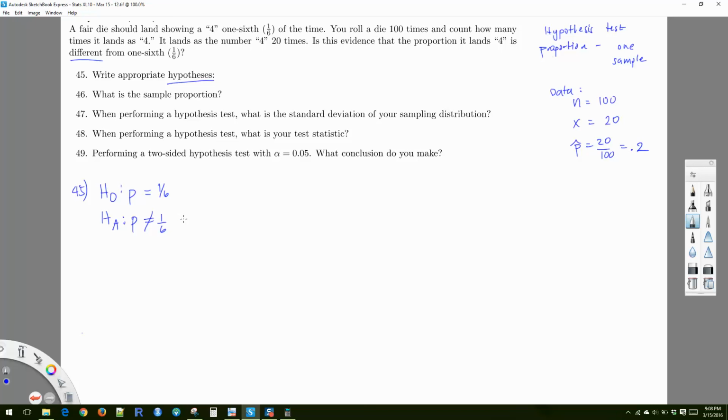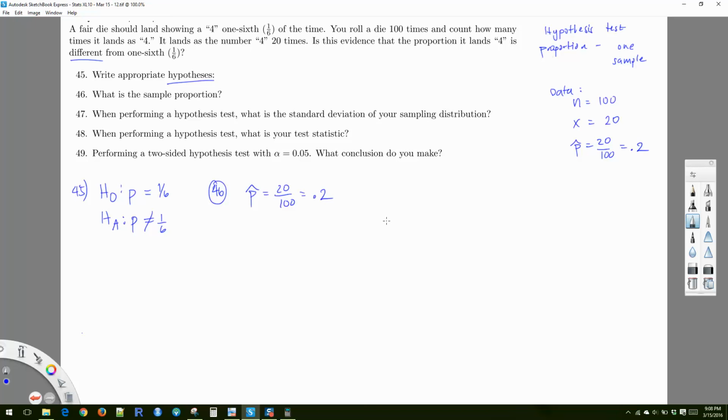If you want to turn it to decimal, that's fine. But it's multiple choice, so if you see it presented as fractions, I hope that doesn't throw anyone off. Fractions and proportions, exactly the same thing, right? Okay, the sample proportion is our p hat, which is 20 over 100, which is 0.2.